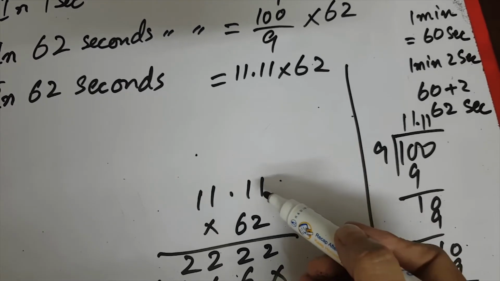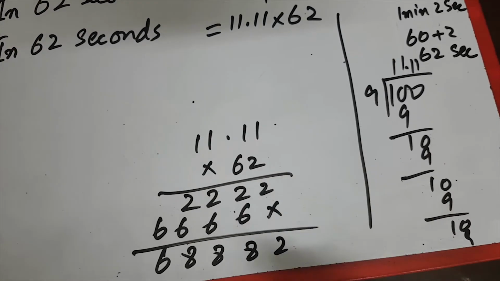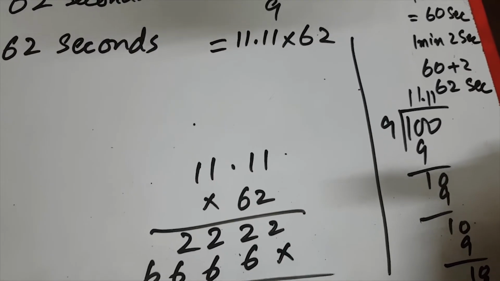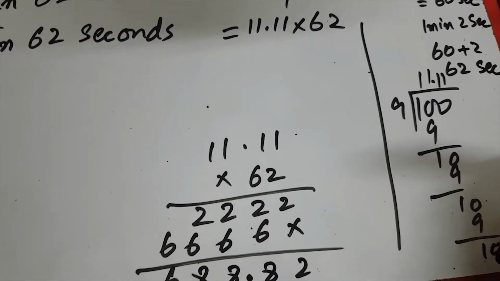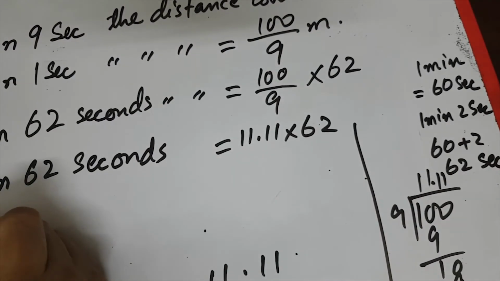The decimal is after 2 digits, so count the digits in your question from the right hand side, 2 digits, and put the decimal. It means in 62 seconds the fastest man can cover 688.82 meters.